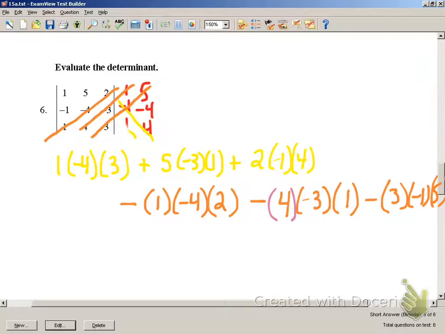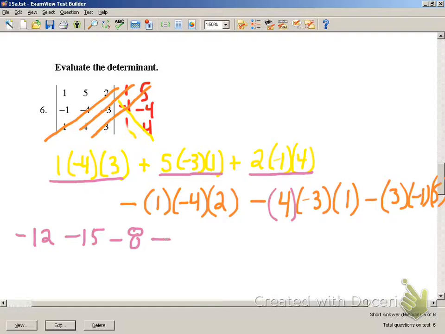Just showing the products. So, 1 times negative 4 times 3 is negative 12. 5 times negative 3 times 1 is negative 15. So I'm adding, I don't have to write plus negative 15. Negative 1, 2, and 4 gives us negative 8.